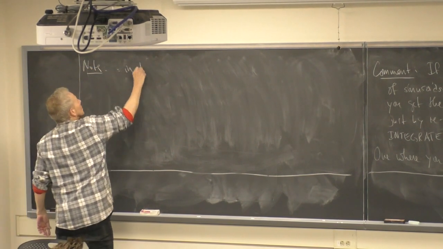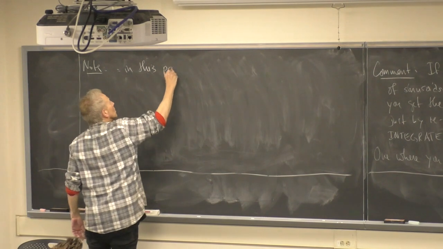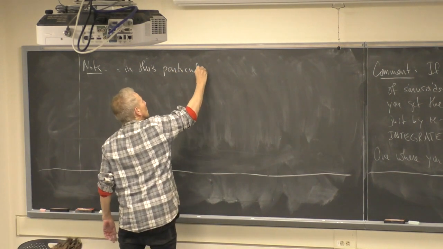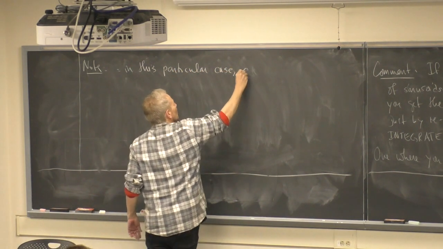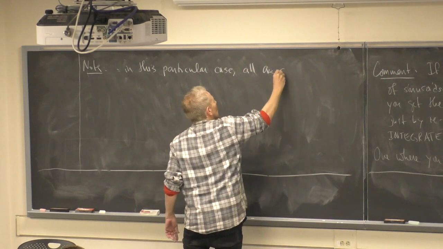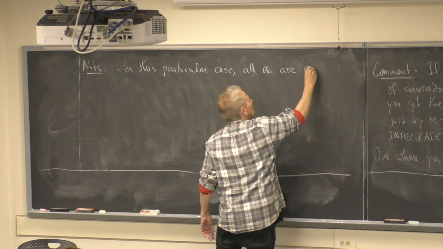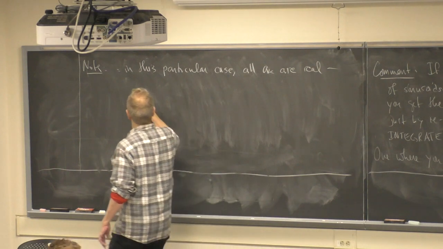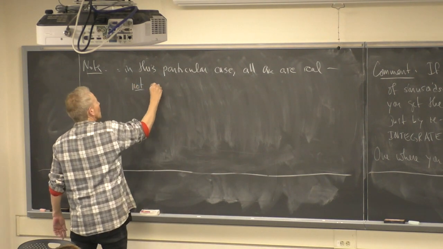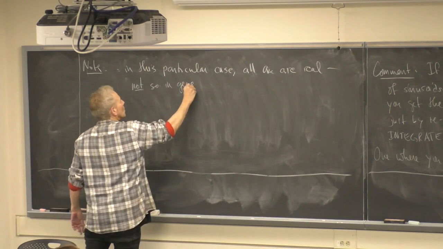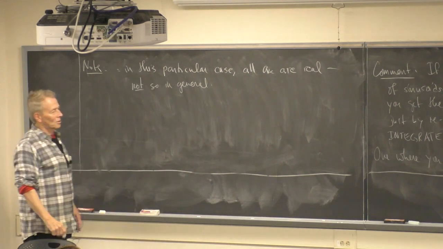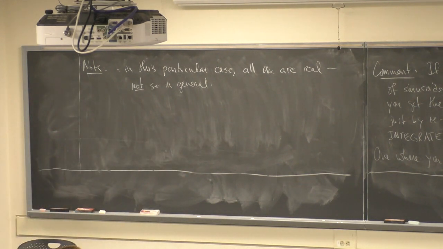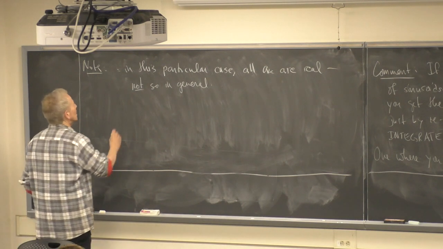In this particular case, all the AKs are real. Not so in general. And you can actually show that if you have a real valued even function of t, then you're going to get real Fourier series coefficients. But I'm not going to worry about that.